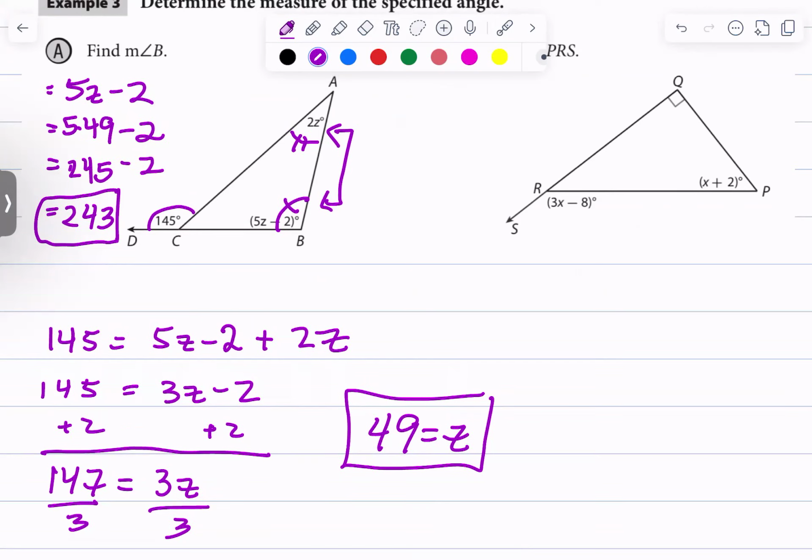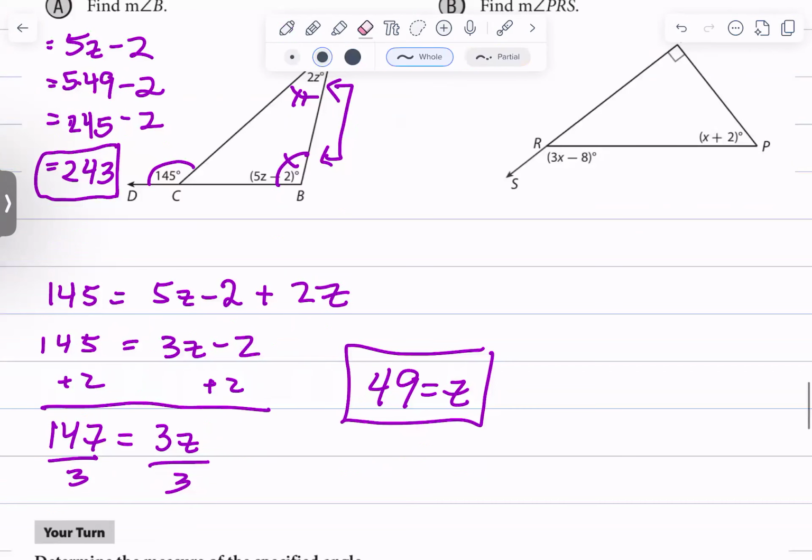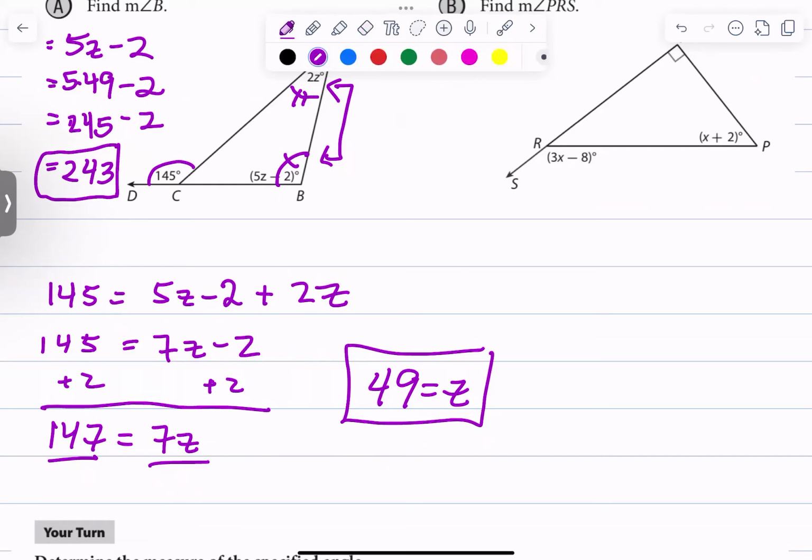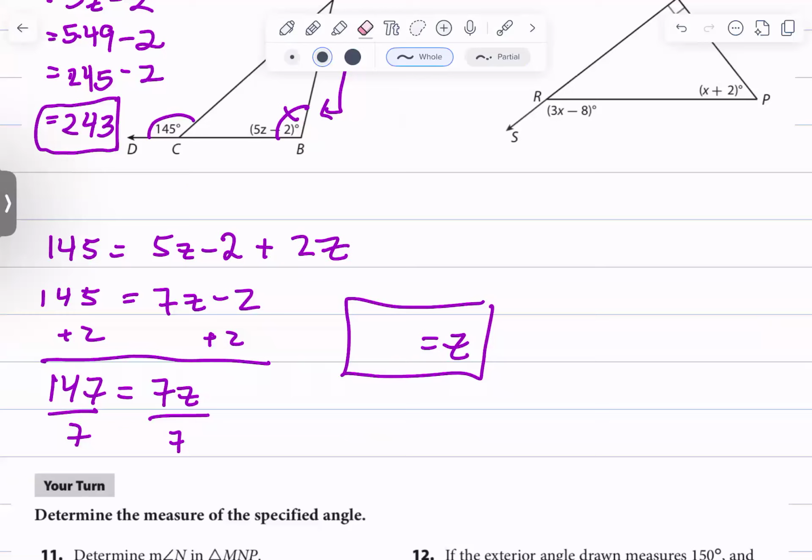Oh, why did I subtract 5z and 2z? I should have added them, huh? That's 7. So I will still add 2 to both sides. 5z plus 2z is 7z, not 3z. Divide that by 7, you get 21.